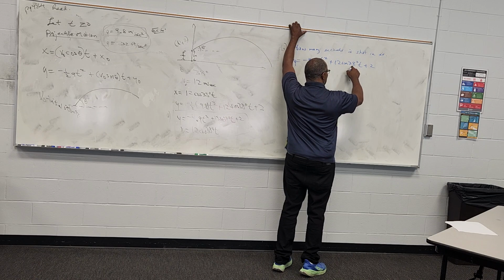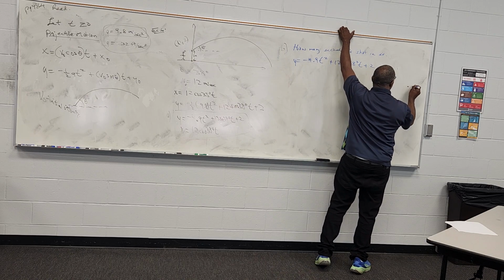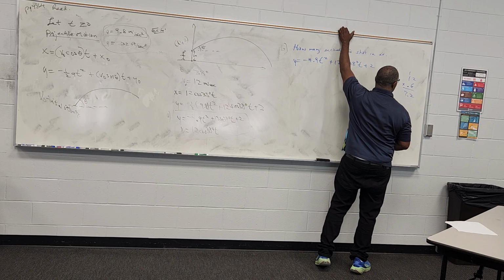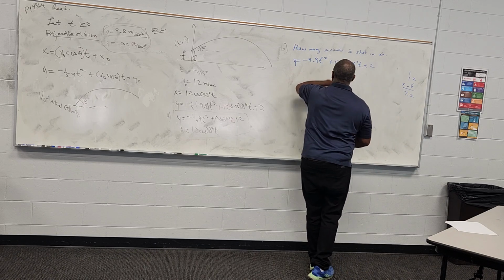I'm just going to get a rough guess of what this is. 0.7 times 12 is 7.2. I'm going to call that 7.2.